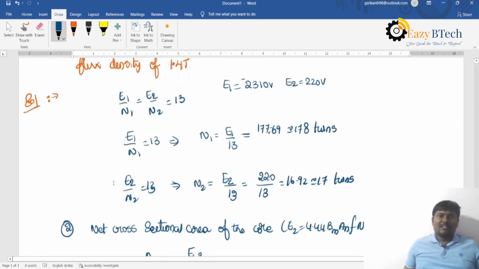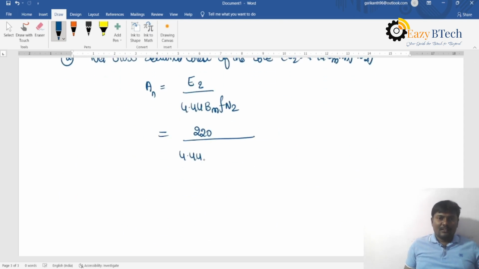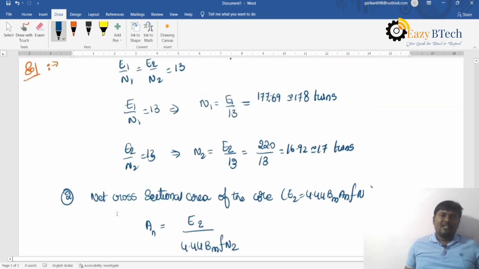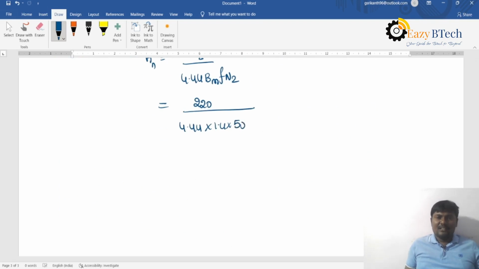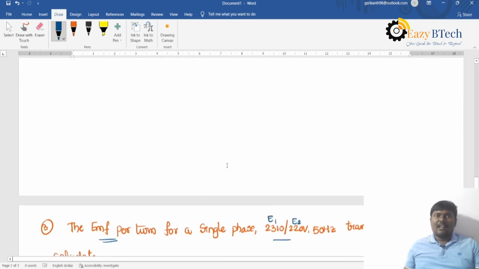The maximum value of flux density is given as 1.4 Tesla, our frequency is 50 Hz and the number of turns on the secondary is 17. 220 divided by 4.44 into 1.4 into 50 into 17. Then I got the answer as 0.0416 meter square. And these types of models are very important from an examination point of view.